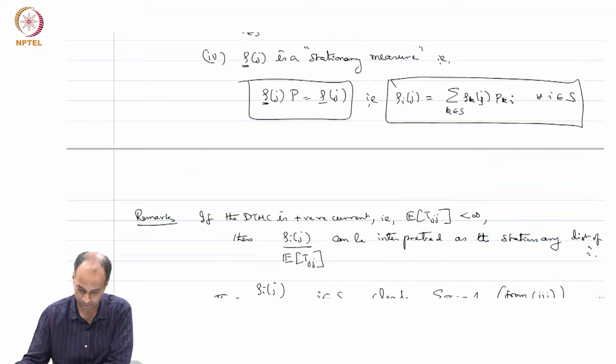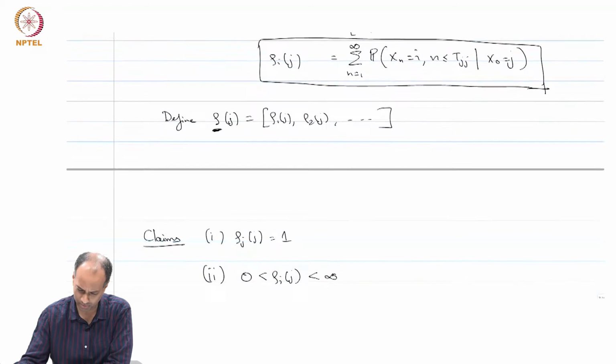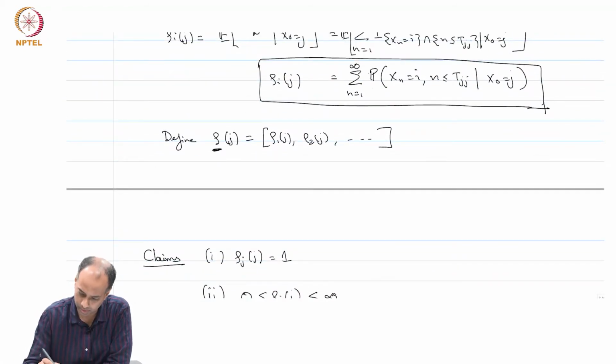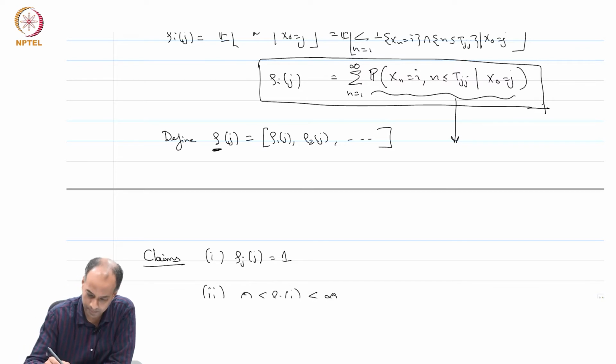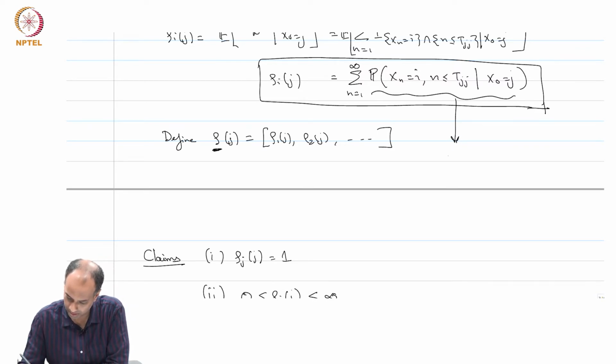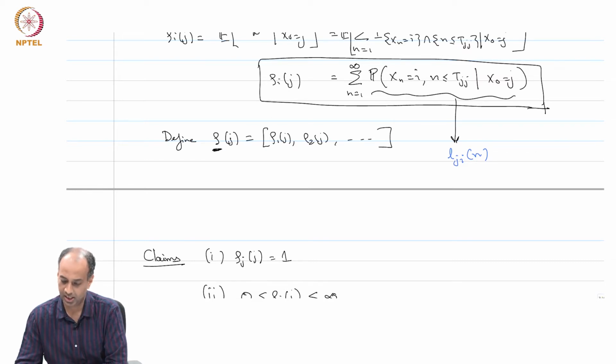This I am going to bound in terms of these probabilities. Let me actually introduce one more bit of notation here. This whole probability I am calling Lji of n. It is the probability that I am in state i at time n, given that there has been no return to j.